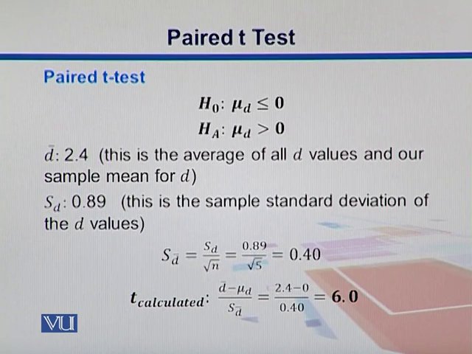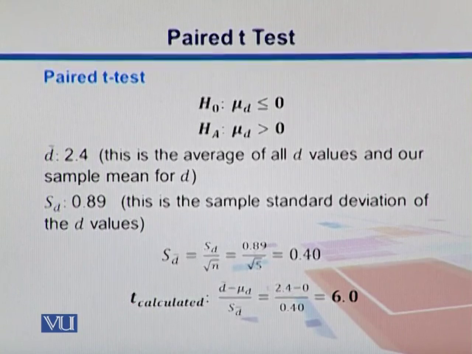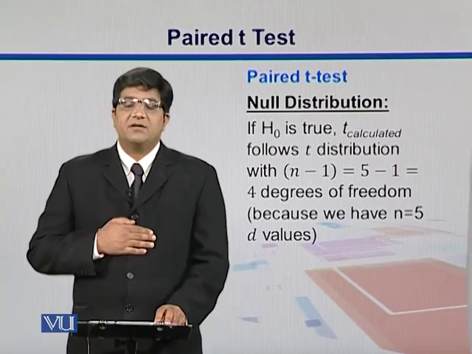If it is a big number, it should be big enough to be present in the right tail of this distribution. Our calculated mean difference is 2.4. The standard deviation was 0.89, and we can calculate the standard error, which is 0.40. We plug into that equation and come up with T calculated equal to 6. Since we have 5 differences, our degrees of freedom is equal to 4.